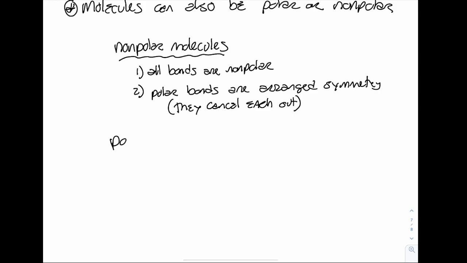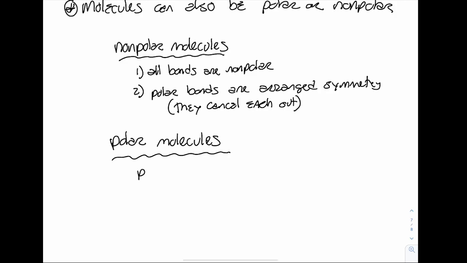Polar molecules are going to have polar bonds. Again, if it doesn't have a polar bond, it can't be polar. So this is going to have polar bonds, but they're arranged unsymmetrically. They actually do not cancel each other out, but sum together.